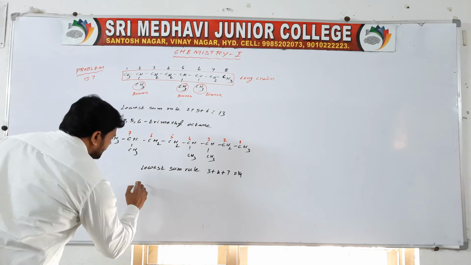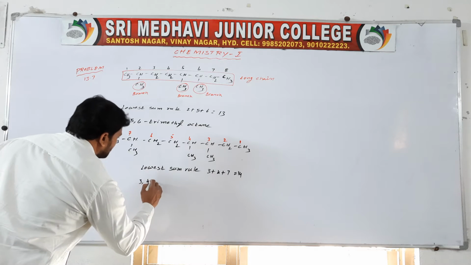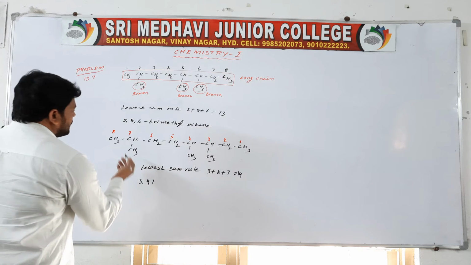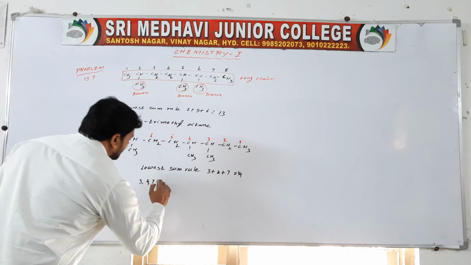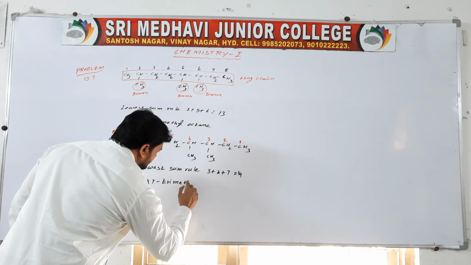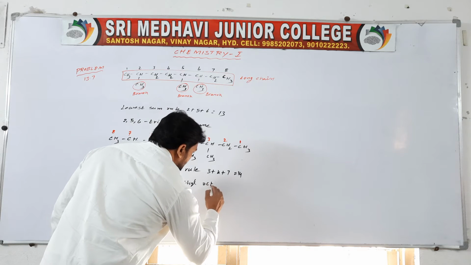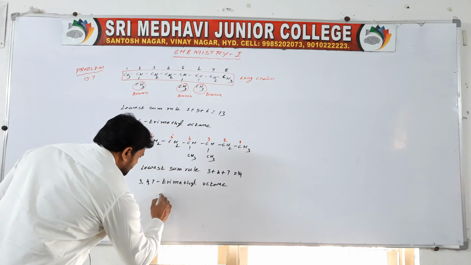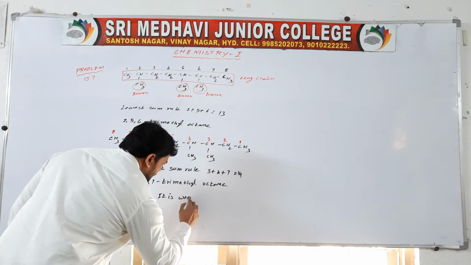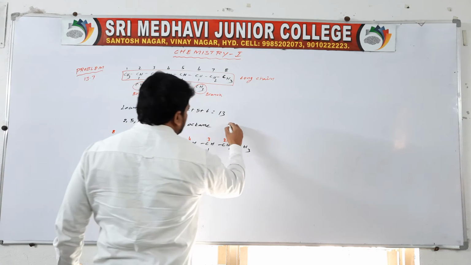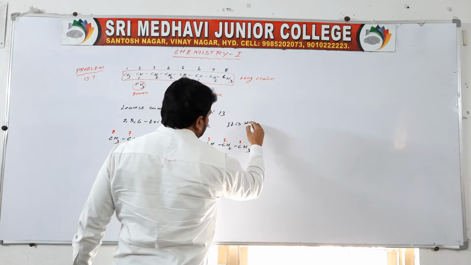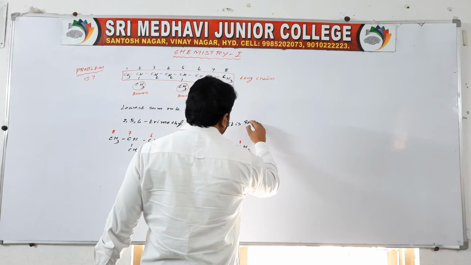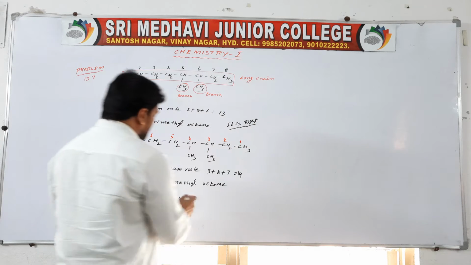We may write the name 3, 4, 7 trimethyl octane, but it is wrong.